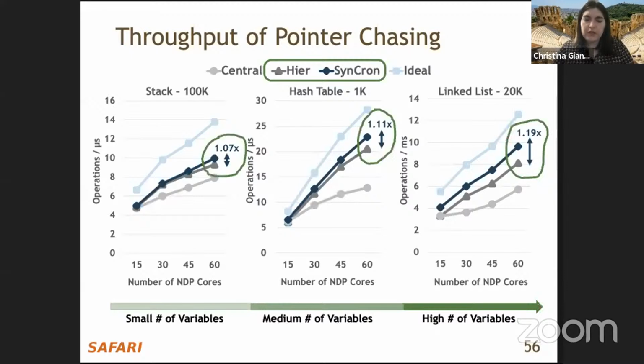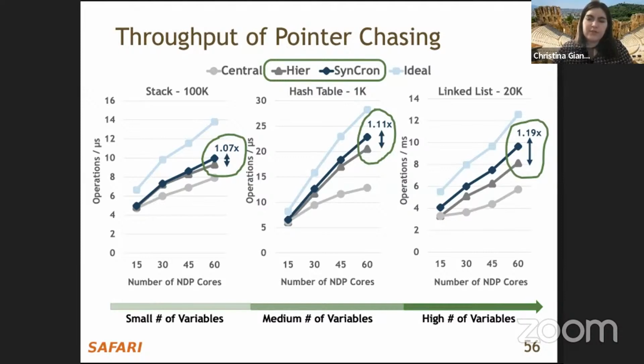And as you can see here, whenever we go from a coarse-grained approach to a fine-grained synchronization approach, meaning that we increase the number of synchronization variables in the workload, we find that Synchron's benefits over Hier increase because we avoid an even higher number of synchronization variables being accessed via main memory.